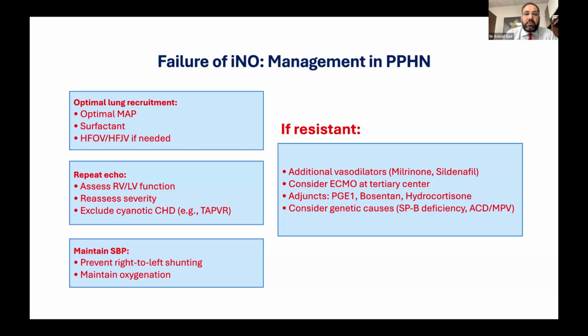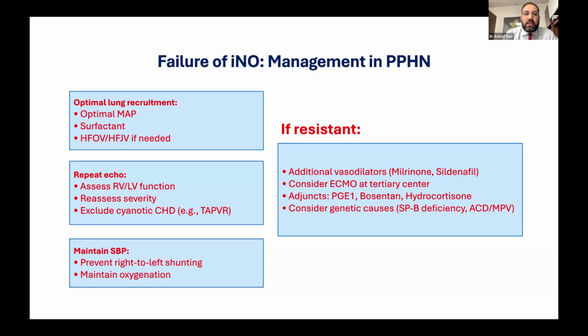Maybe you need to be aware of the TAPVR, total anomalous pulmonary venous drainage. This condition can mimic PPHN, especially if you have right to left shunting across the PFO, very important. And these cases are sick. Those babies can be very sick if they manifest in such a way, and they need surgical correction and to move to an ECMO center.